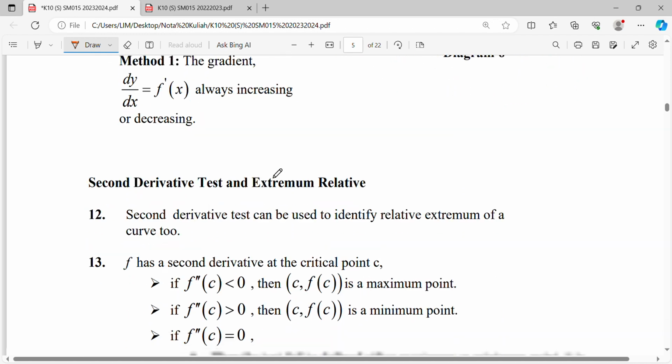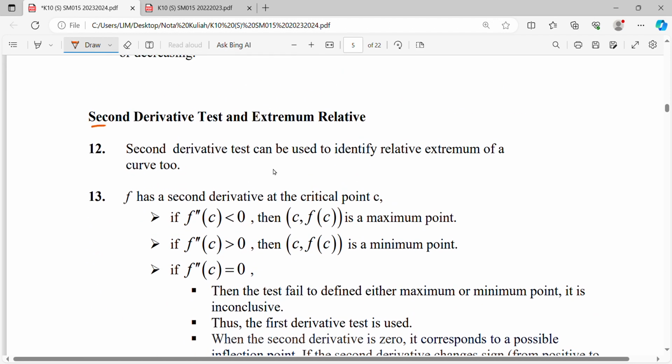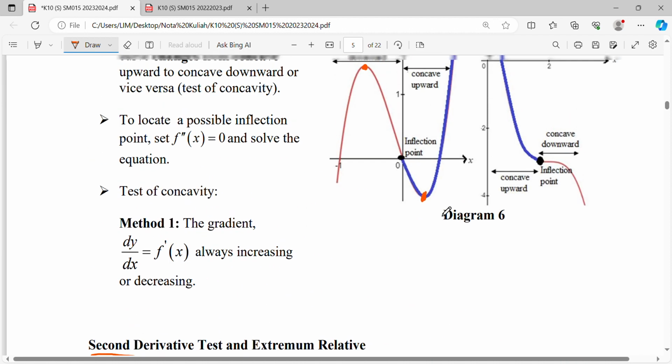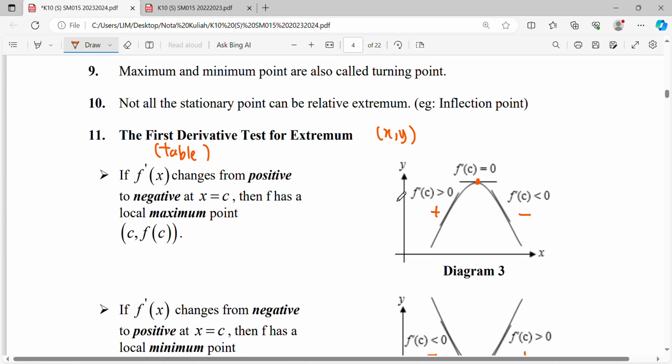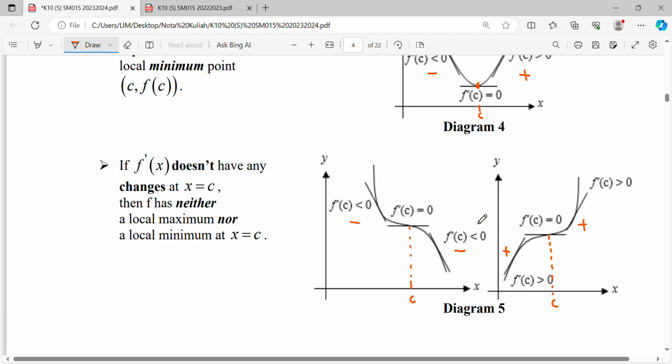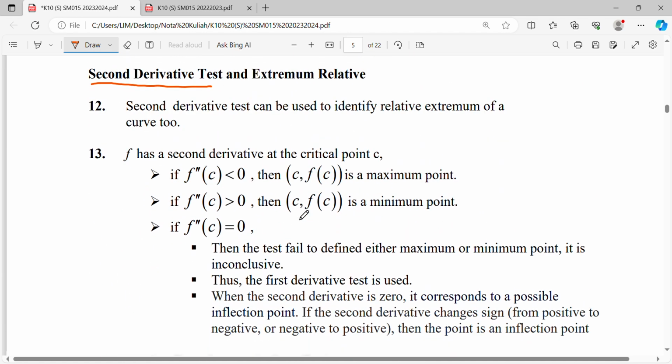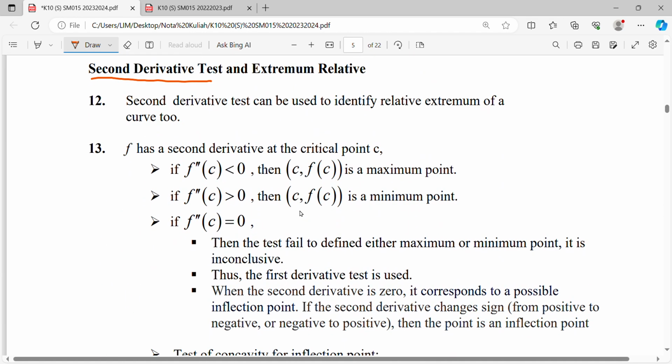So let us observe the second derivative test. Back to our critical point just now. Besides using the first derivative test, observing the tangent to identify a maximum, minimum or inflection point, we can use the second derivative test. For the second derivative test, we are doing calculation.